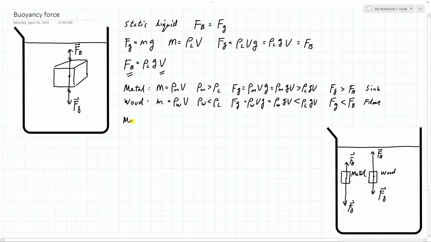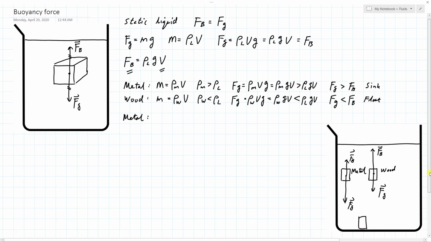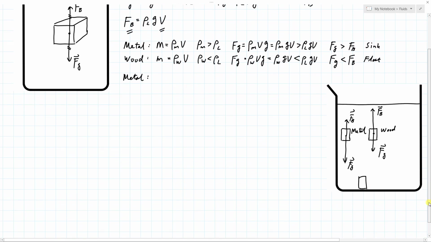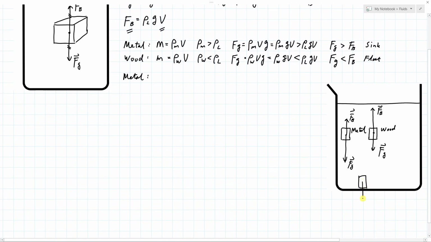So metal, what happens when it sinks? This metal sinks to the bottom. So now it sits here, right? We'll have to move the page a little bit to have more space. So it still has its gravity the same. It still has this insufficient amount of buoyancy force.